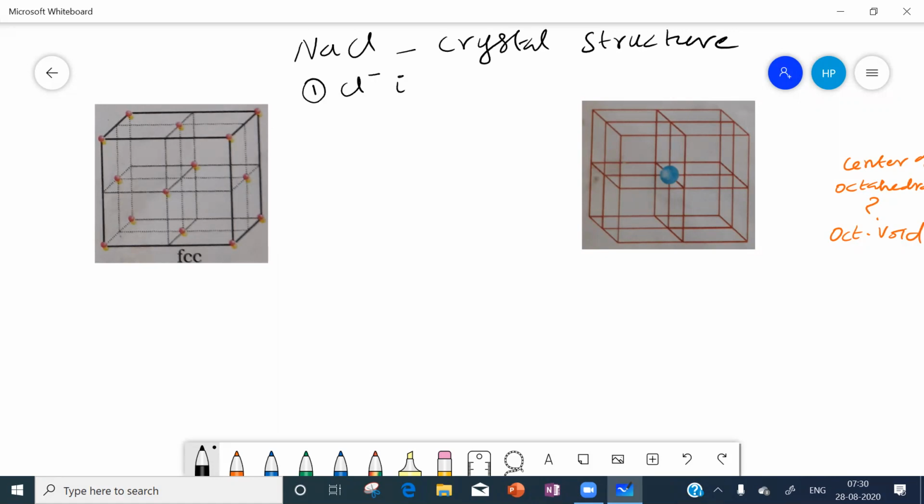Cl minus ions in the sodium chloride crystal form FCC lattice. This is one possibility.